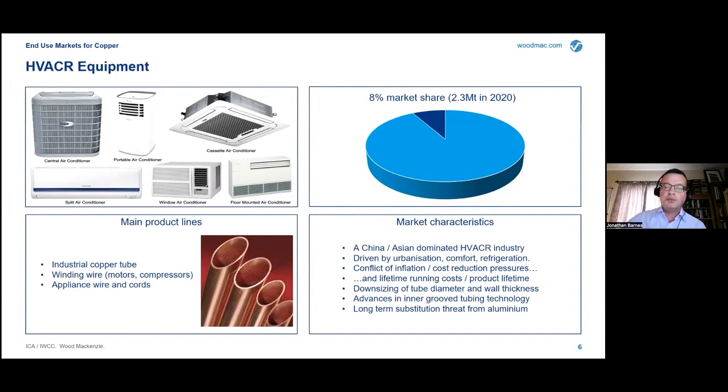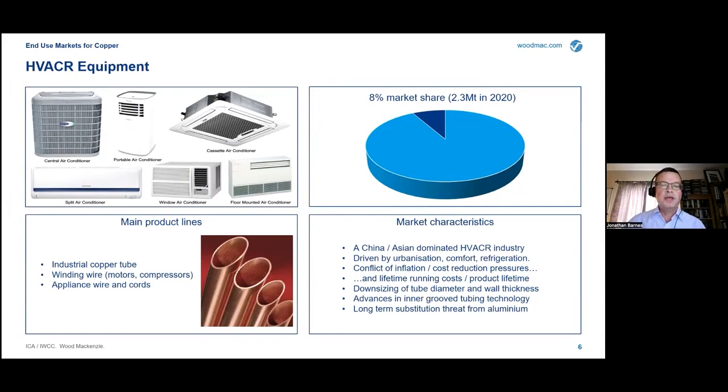And there's also been some advantage in advances in the inner grooving tubing technology, the hatching that you see on the inside of the tubes, that's designed to stir up refrigerant flow to quicken heat transfer. So you can vary the number of grooves, the deepness, the angle, various things like this can all enhance the properties and get the tube to perform better.